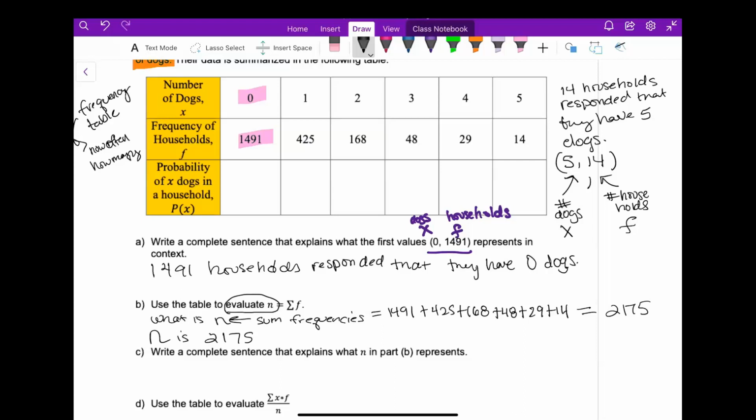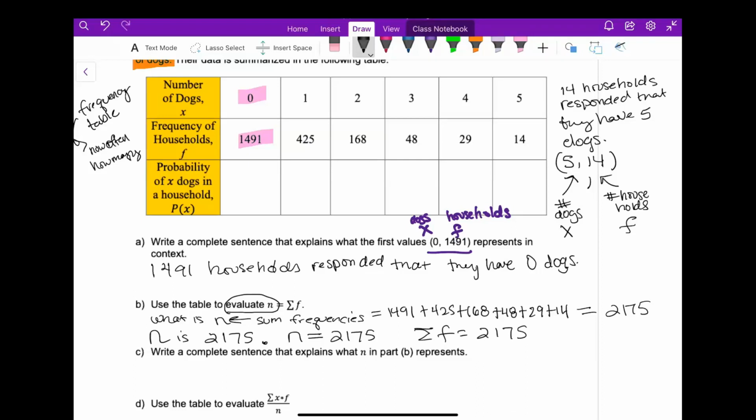We can write this a couple of ways. I feel that this is a sentence. We could also just say, you don't have to do all of these, okay? I'm just giving you examples of how to answer. N is equal to 2,175. You can also say the sum of frequencies is equal to 2,175.